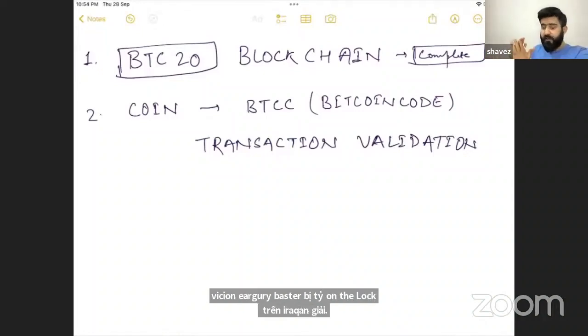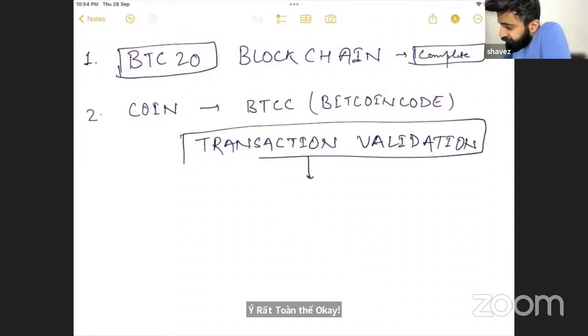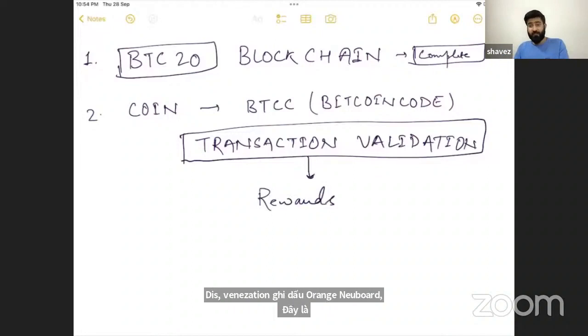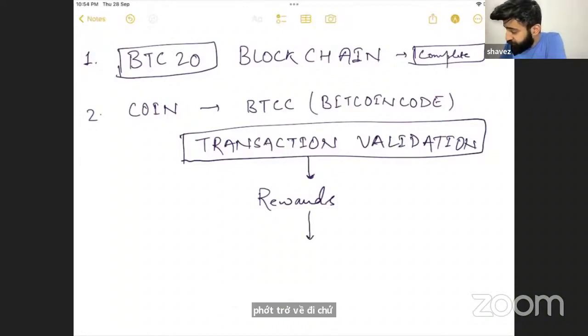Okay, every activity, every movement is a transaction. Okay, and this validation gives rewards. There are rewards for the validation, right? The rewards go to the nodes.